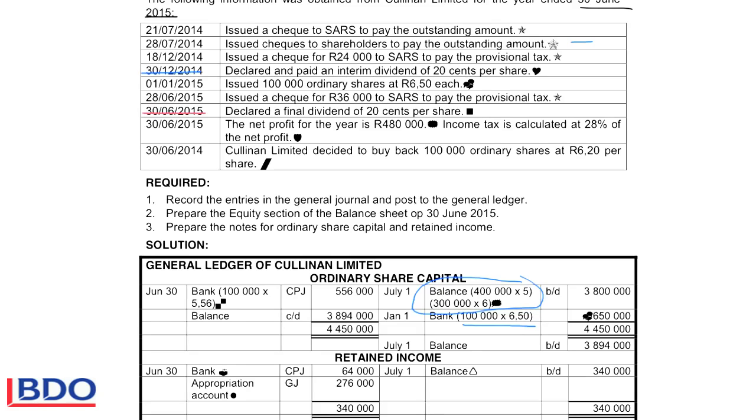So this will be recorded in the statement of financial position as a current liability. This account indicates that the provisional tax payments that were paid to SARS were not sufficient. That's why there's 74,400 outstanding that must still be paid to SARS.